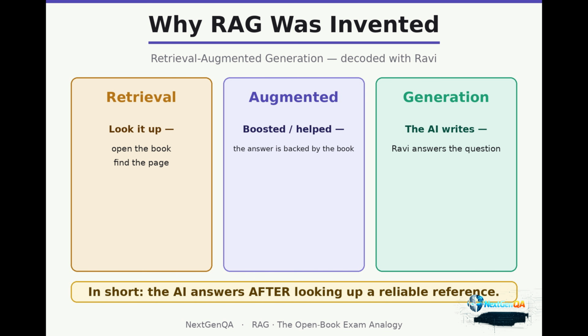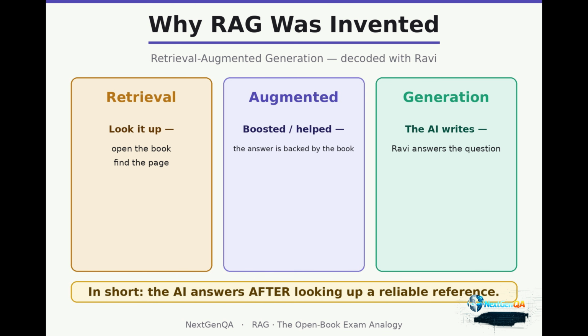Ravi opening the book and finding the right page. Augmented just means boosted or helped. Ravi's answer is now boosted by the book. So retrieval augmented generation literally means the AI writes its answer after first looking up a reliable reference. It is a closed book student turned into an open book student.